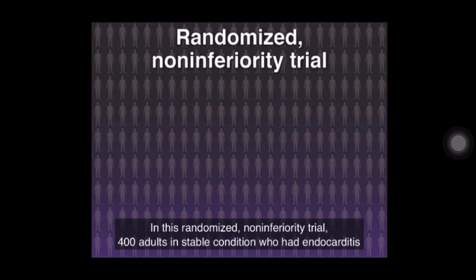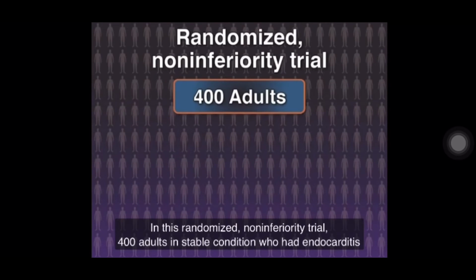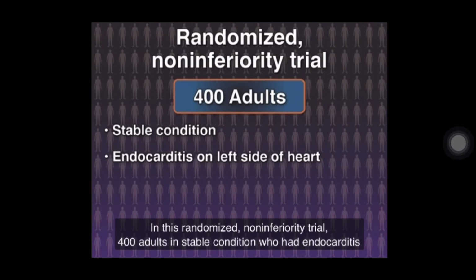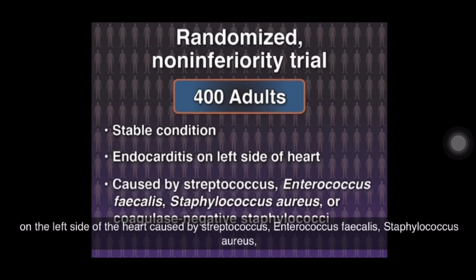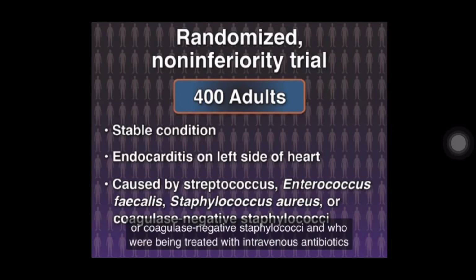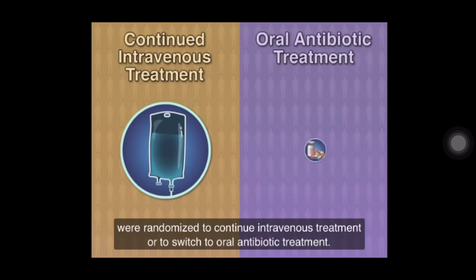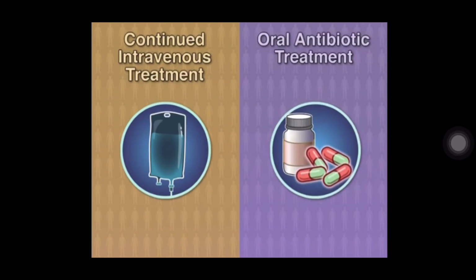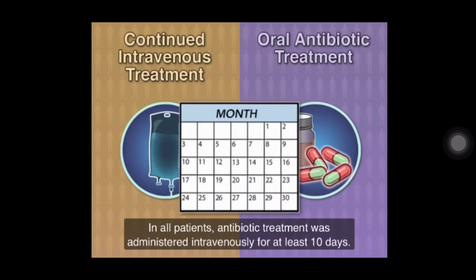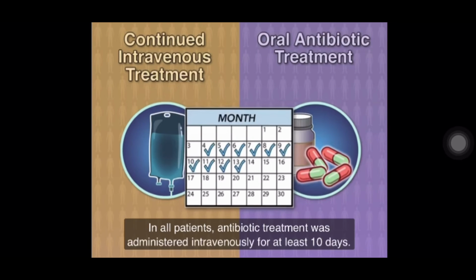In this randomized non-inferiority trial, 400 adults in stable condition who had endocarditis on the left side of the heart caused by Streptococcus, Enterococcus faecalis, Staphylococcus aureus, or coagulase-negative staphylococci, and who were being treated with intravenous antibiotics were randomized to continue intravenous treatment or to switch to oral antibiotic treatment. In all patients, antibiotic treatment was administered intravenously for at least 10 days.